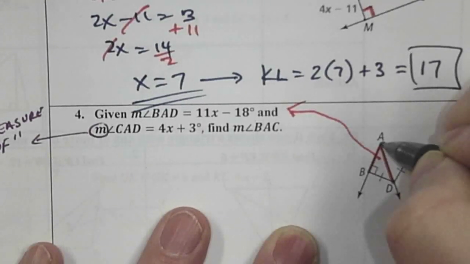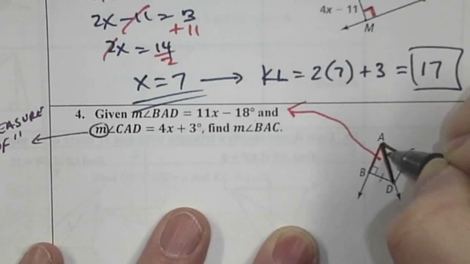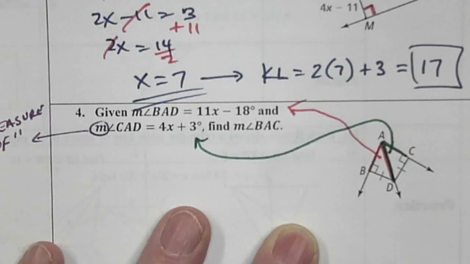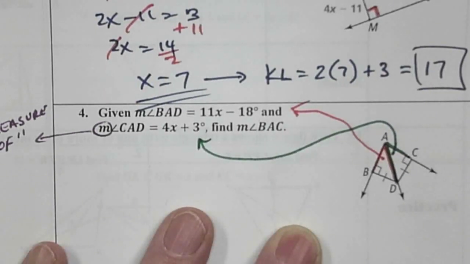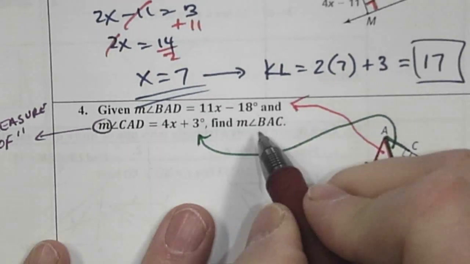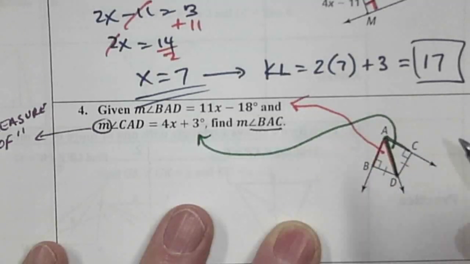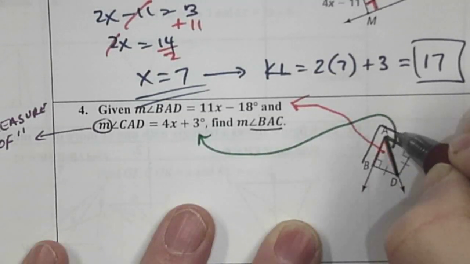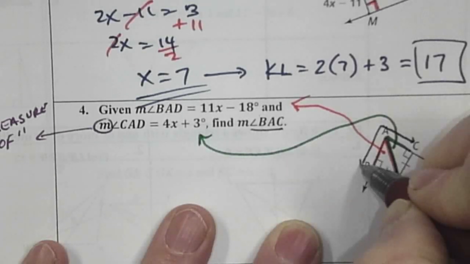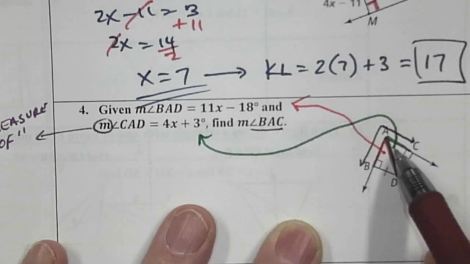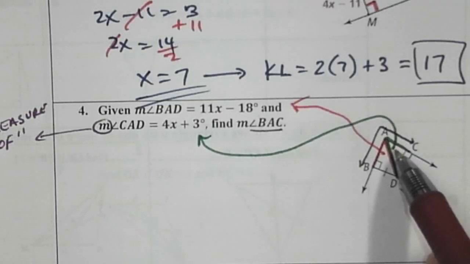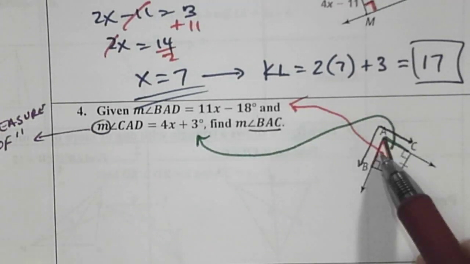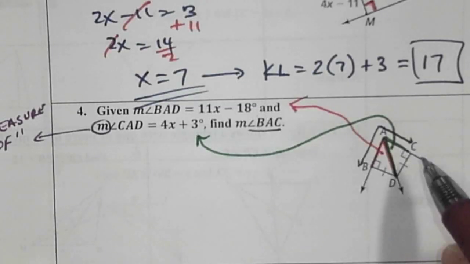CAD, start at C, go to A, go to D. On this side, that's angle CAD. Find angle BAC. Okay, B to A. Oh, BAC is these two put together, yeah? So this little angle and that little angle make BAC.